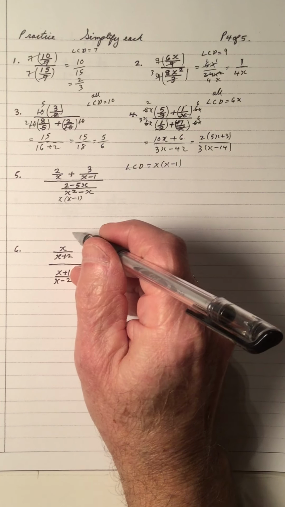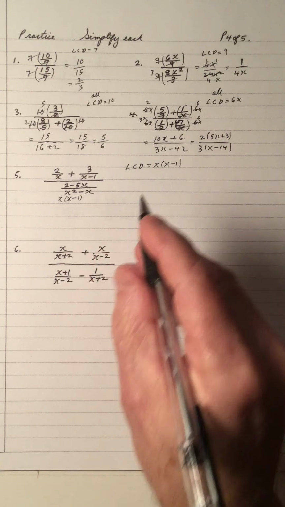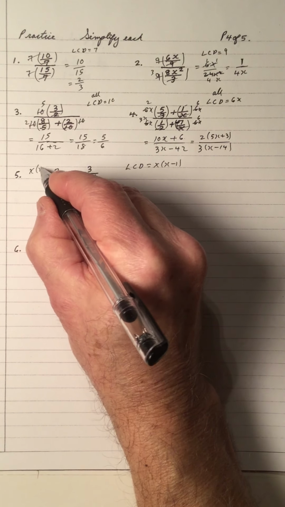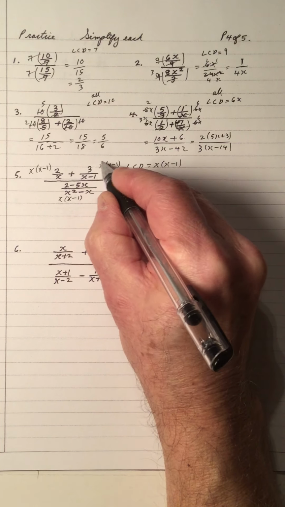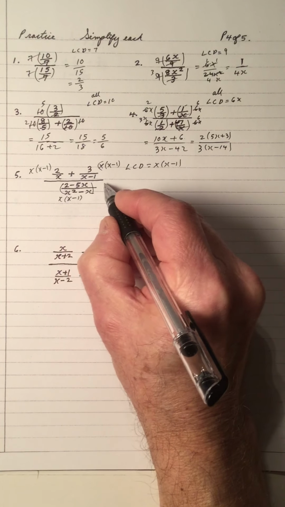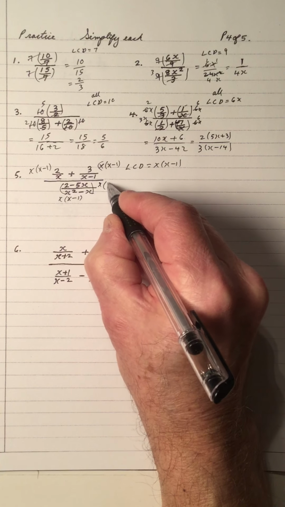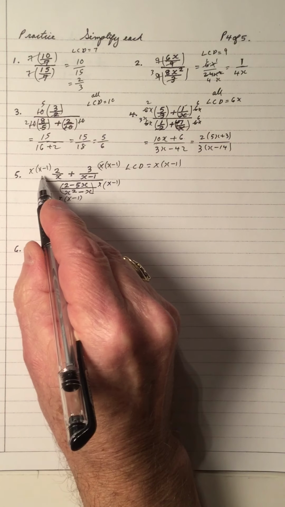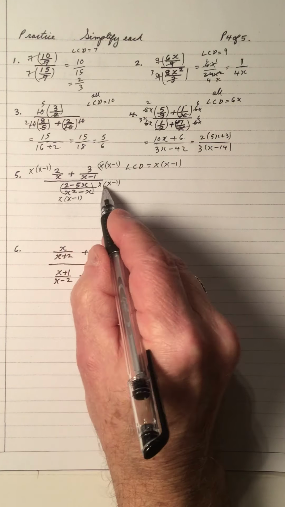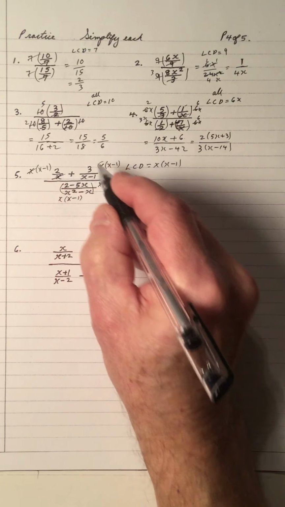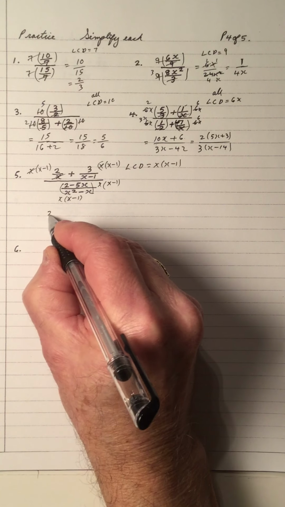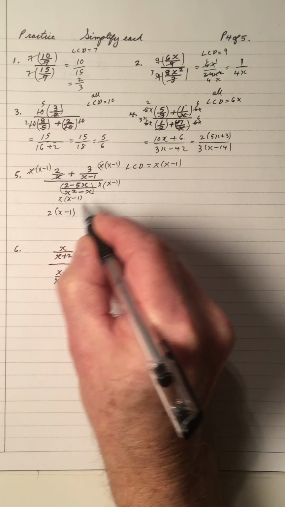So we multiply all fractions by x times x minus 1. Top and bottom are multiplied by the LCD. Each fraction cancels. X cancels, so you get 2 times x minus 1.